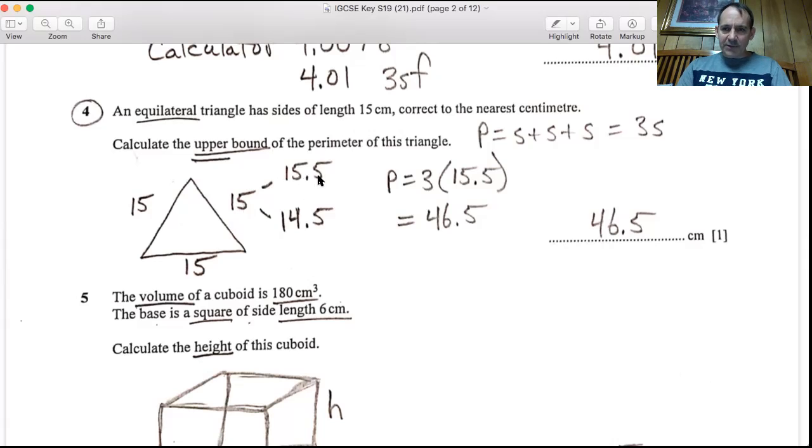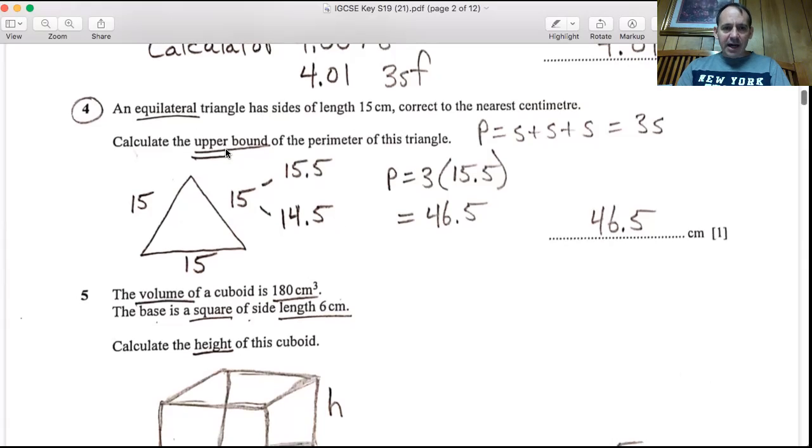You can't put 0.4 because it could be 0.499999. So we just put the 5 and understand it's actually not included, but we still use the 5. So the upper bound is the 15.5, the lower bound would be the 14.5, and this first layer is with the specific numbers that are being used, the specific measurements.